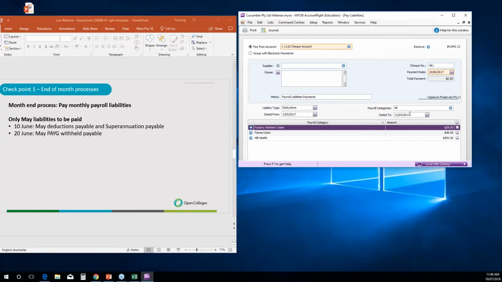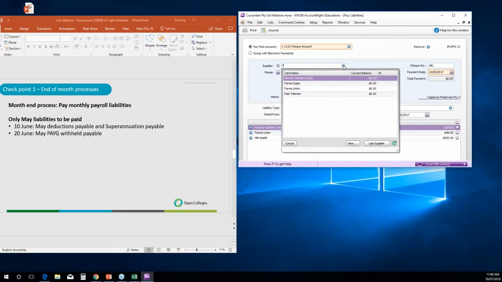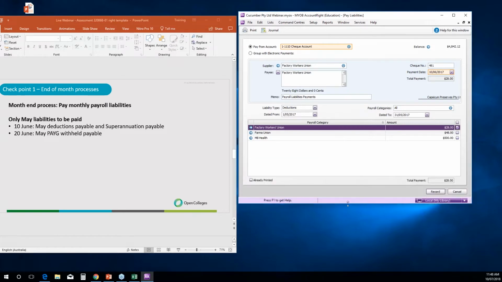So make sure you have only one month and then you can make a payment. For the supplier, for example, the factory workers union, you should be able to find it as a card. Select the factory workers union, tick this amount, and simply record. That's how you pay the May deductions.